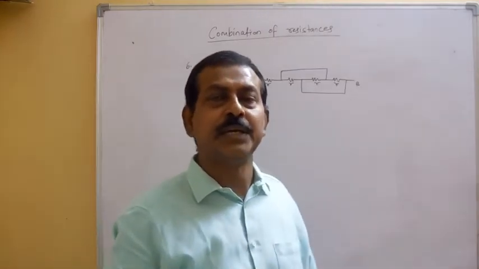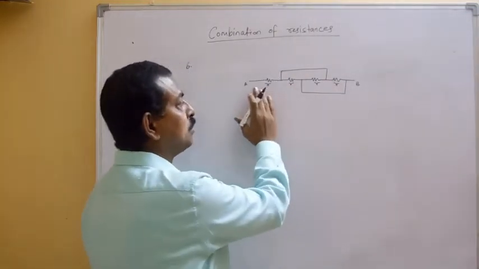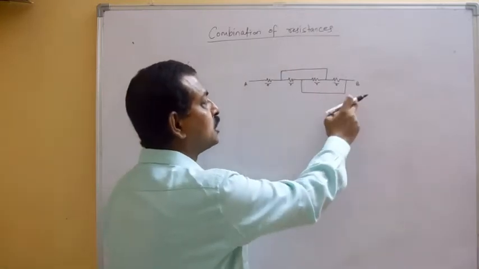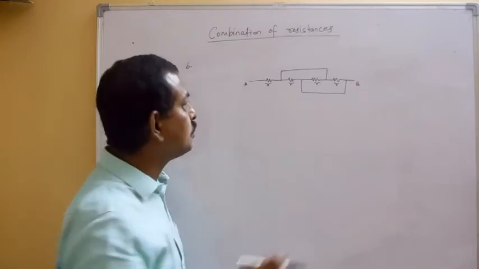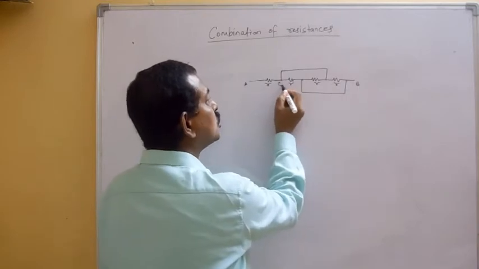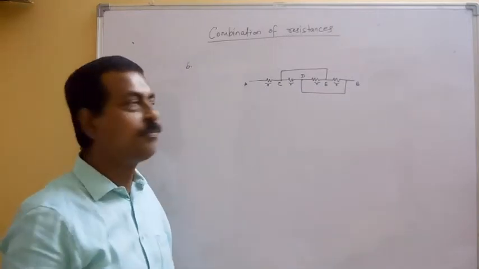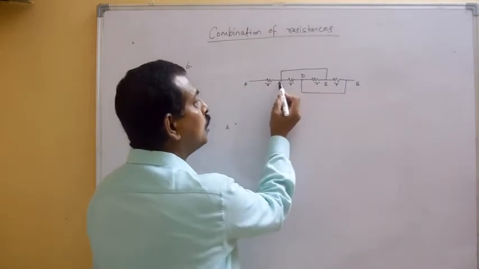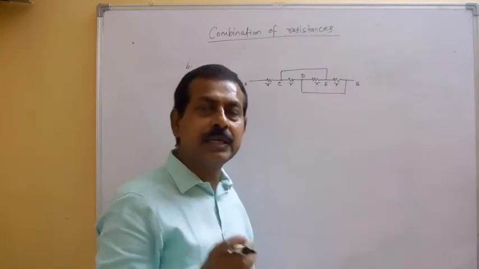Suppose you have to find equivalent resistance of this network. We have the resistances shown here. These are the conducting wires which are connected. So for this type of problem, what we do, we represent the points like this is suppose your C, this is your D, this is your E. This is the point A. Now, as it is connected by a conducting wire, so C and E are at same potential.